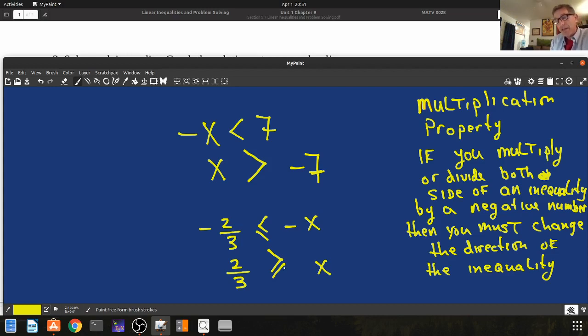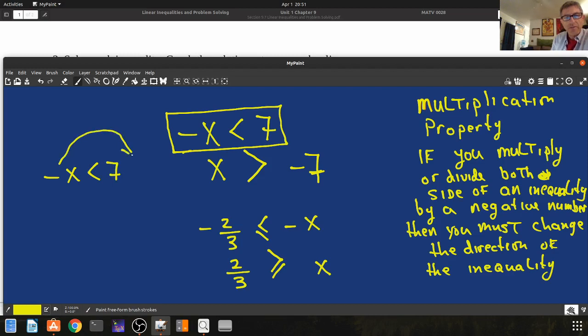Now the nice thing about it is there's always ways that you can just use the addition property. Right here, I will use the addition property to fix this. I have minus x is less than 7. So if I move my minus x over here, a 0 is left behind, and x becomes positive.